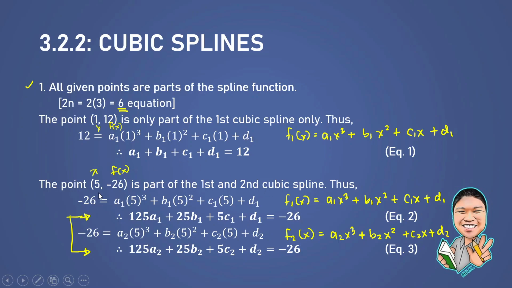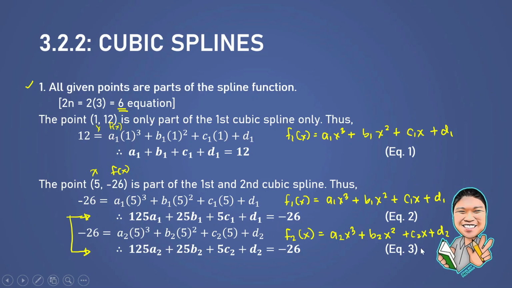So, therefore, -26 is a sub 1 times 5 cube plus b sub 1 times 5 squared plus c sub 1 times 5 plus d sub 1. So, if you are going to simplify this further, ang kalalabasan is 125 a sub 1 plus 25 b sub 1 plus 5 c sub 1 plus d sub 1 equals -26.